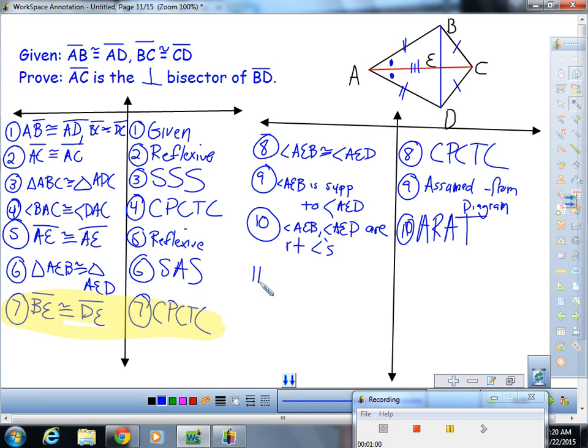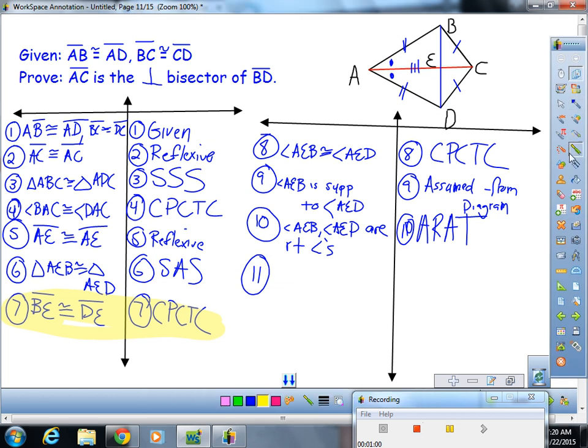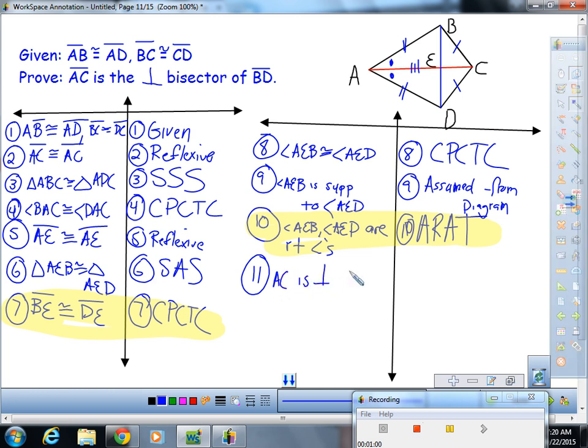Now what can I say, Clause A? That's right. Look. AC is the perpendicular bisector of BD.